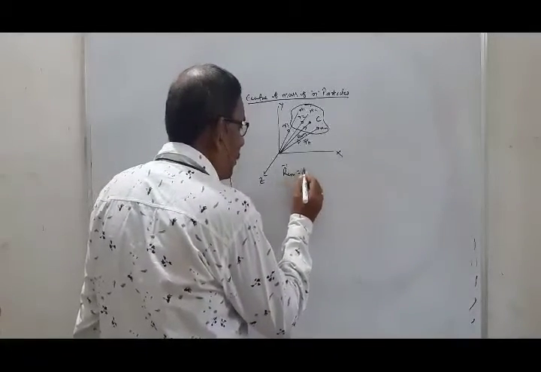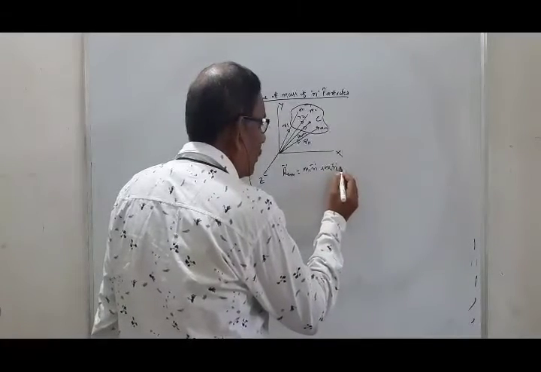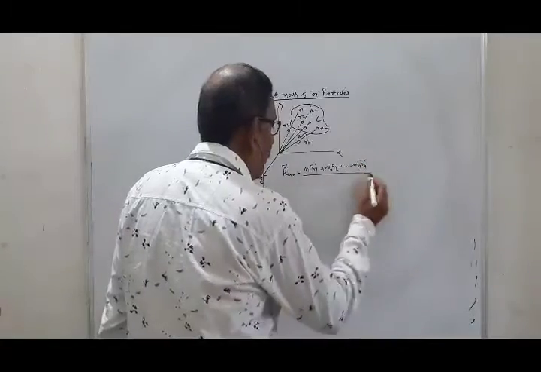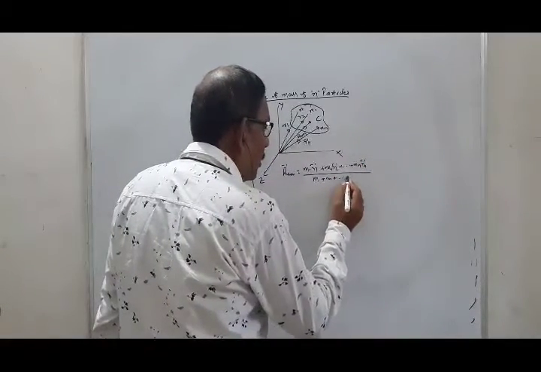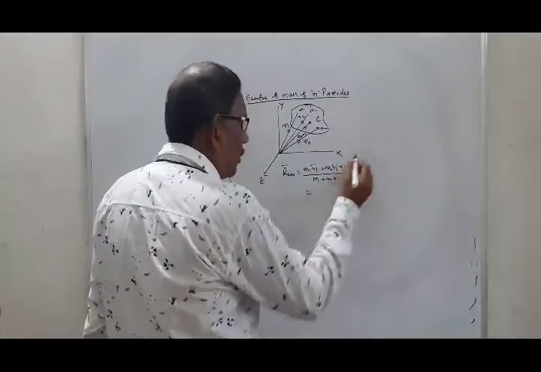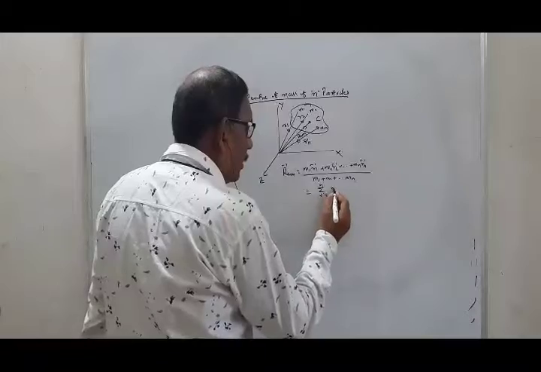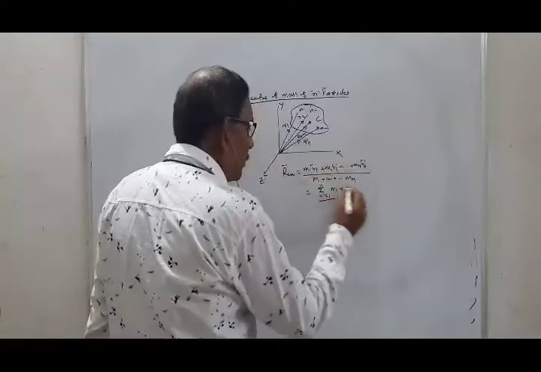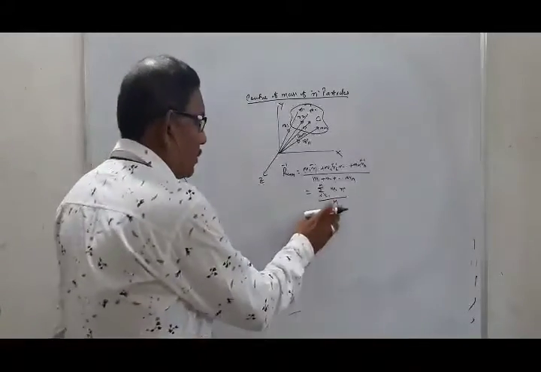So what is the position vector of the center of mass for a system of n particles? Here RCM is equal to M1 R1 plus M2 R2 up to Mn Rn by the total mass M1 plus M2 up to Mn. That is equal to the summation for i equal to 1 to n of Mi Ri by the summation of Mi, which is the total mass.